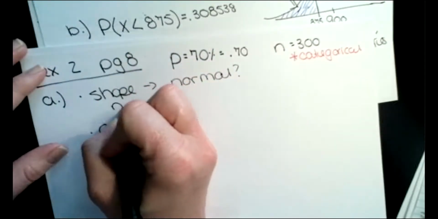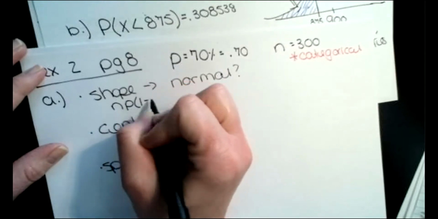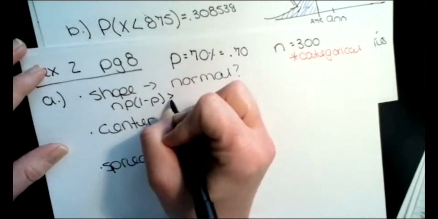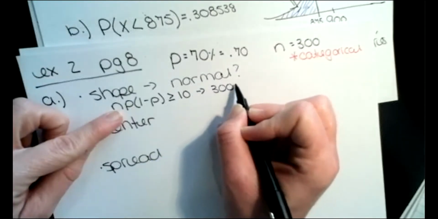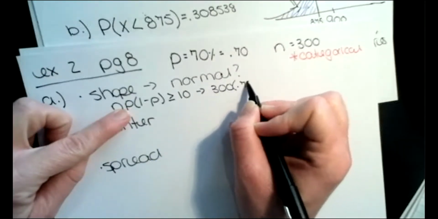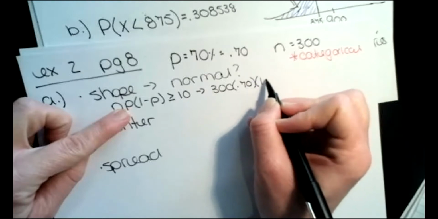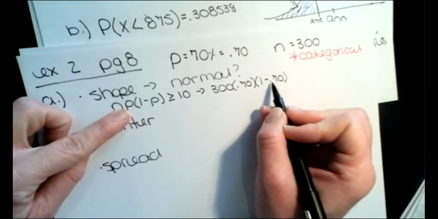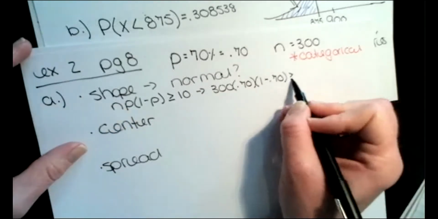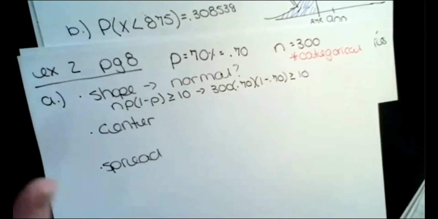That's where I'm going to use N times P times 1 minus P. I just want to make sure that's greater than or equal to 10 in order to say that it's normal. So here N is 300, P is 0.70, and then I have 1 minus 0.70. If you take the shortcut and write 0.3 here, that is fine. And that's greater than or equal to 10.